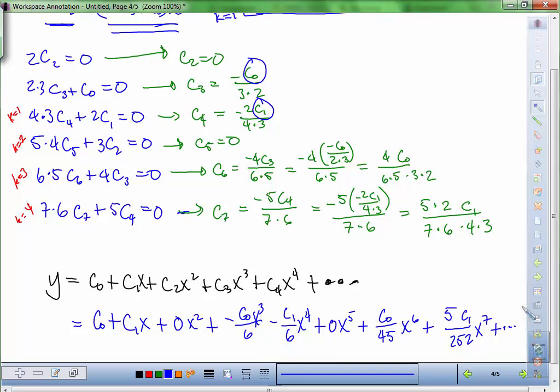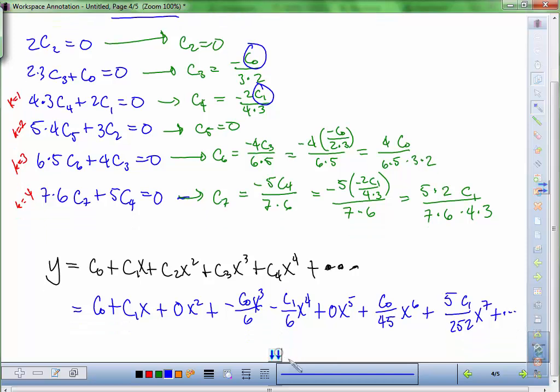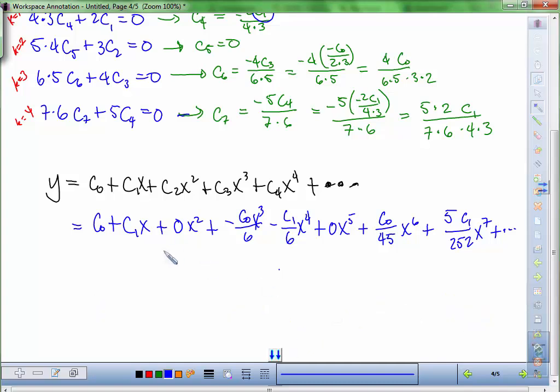Okay, so this is our series, and since this is a second order differential equation, the last thing left to do is to combine all the C0s together and factor out that C0. So C0, and then we have a 1 minus x cubed over 6 plus x to the 6th over 45.